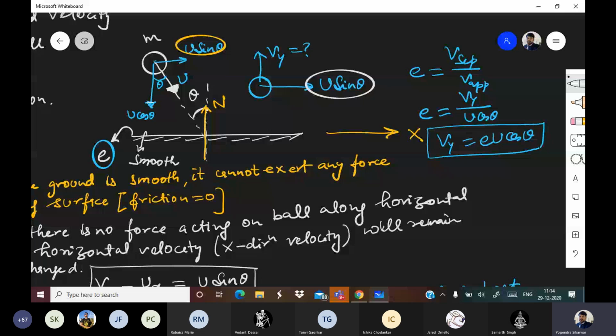The ball was coming towards the ground with u cos theta, but it went away with e u cos theta, because that was the velocity of separation. So the only thing that changed was the velocity of separation. And why did it change? Because of E. Any doubt, any question, anyone?